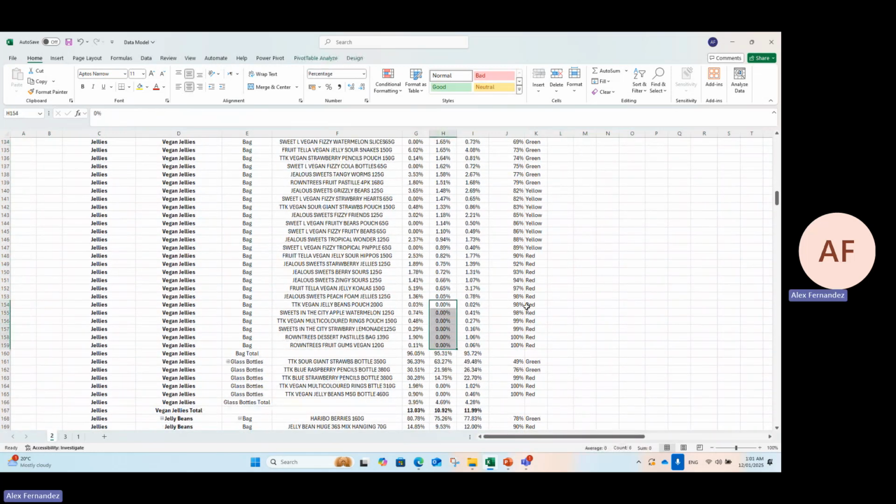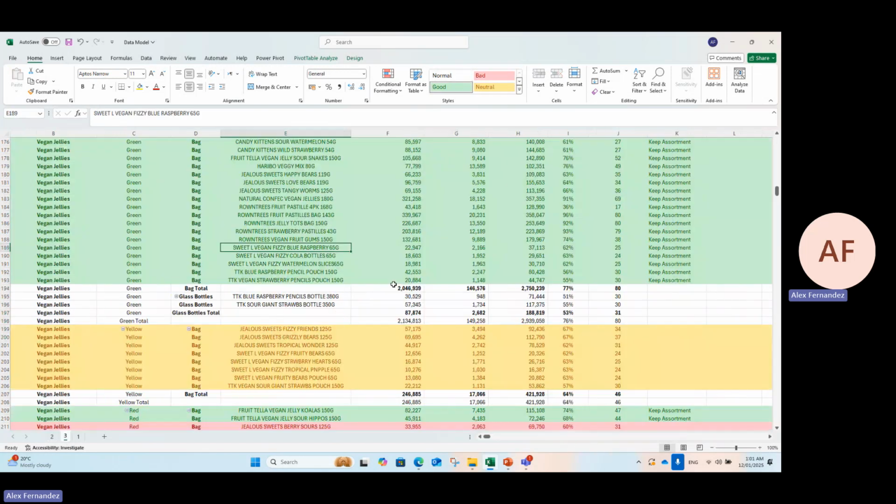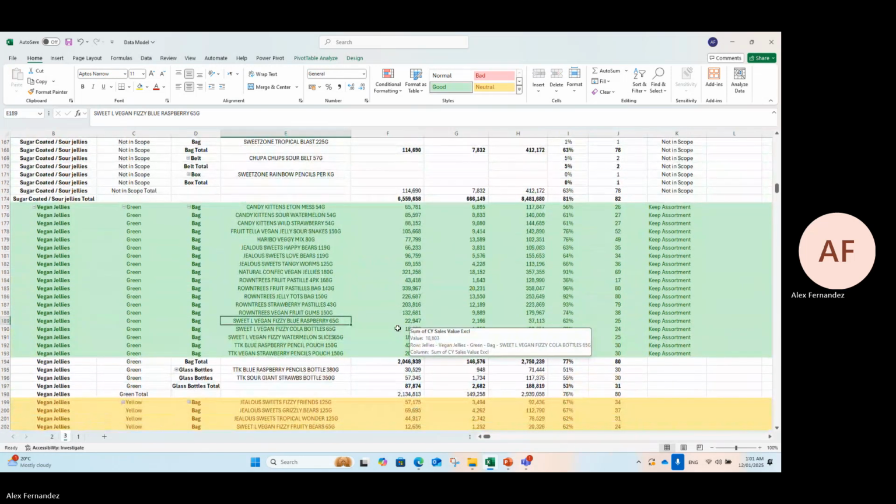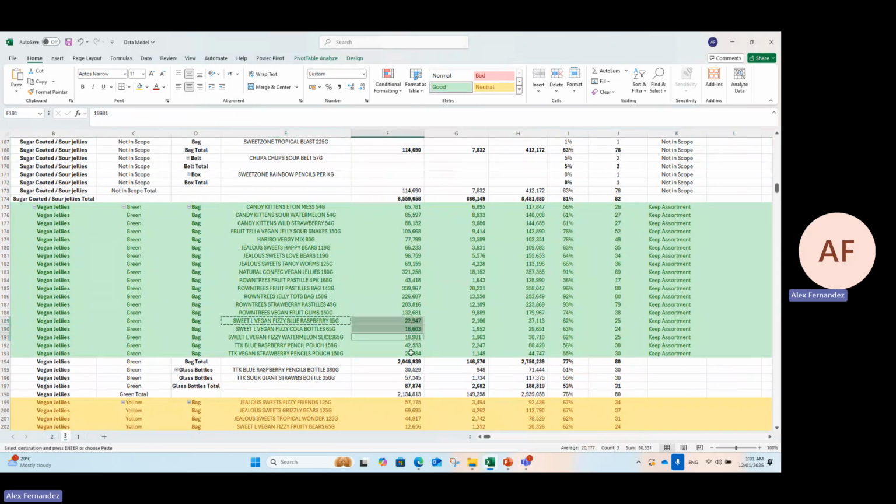Some SKUs will be in red because they will have zero sales in 2024. Okay. Here, since we are putting the cumulative of 2 years, I think this SKU should be in yellow. 1, 2, 3, 4 in yellow.